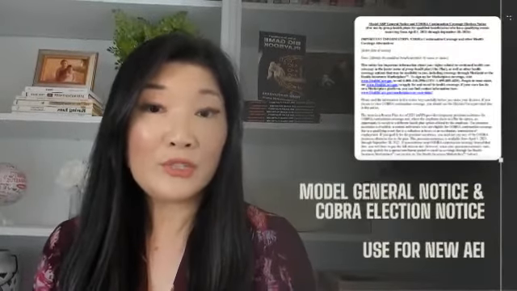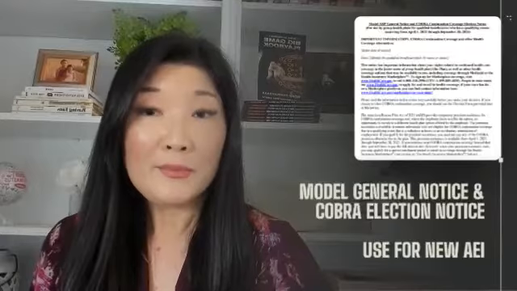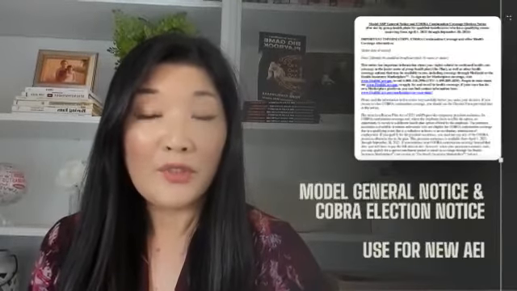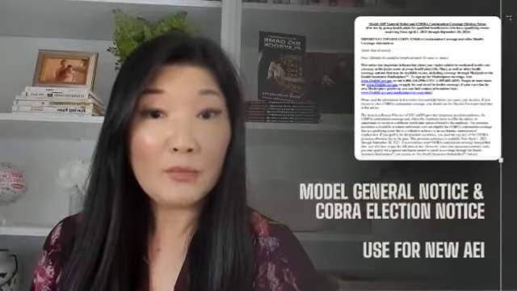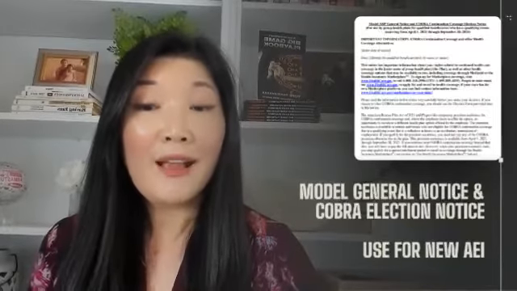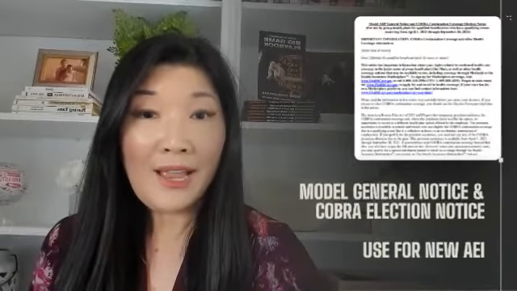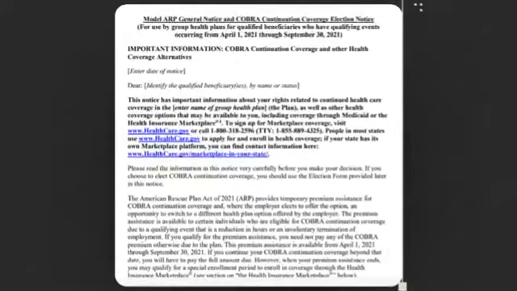So next we're going to go into the various types of forms. The first one that you'll see here is the COBRA General Notice and COBRA Election Notice. Now, as you look at this one, you'll see specifically on the top that this is for individuals that have a COBRA qualifying event April 1st through September 30th, 2021.